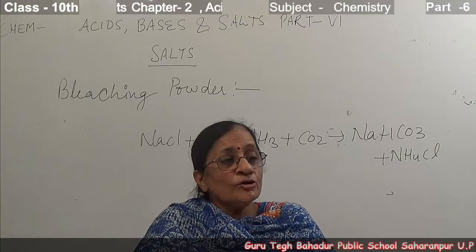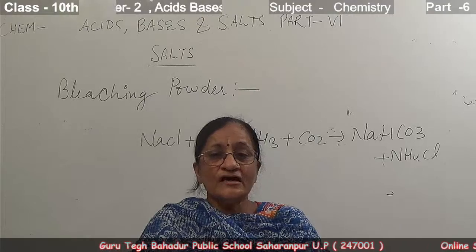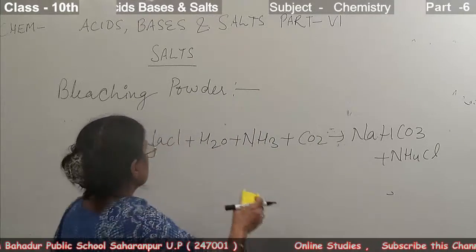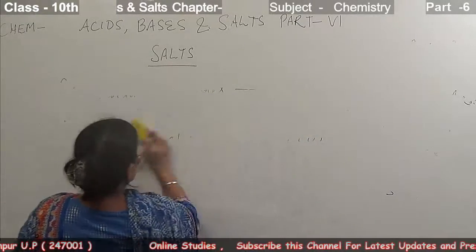Besides that, it is also used as a mild antiseptic. So these are the uses of baking soda. Now the next salt, that is washing soda.